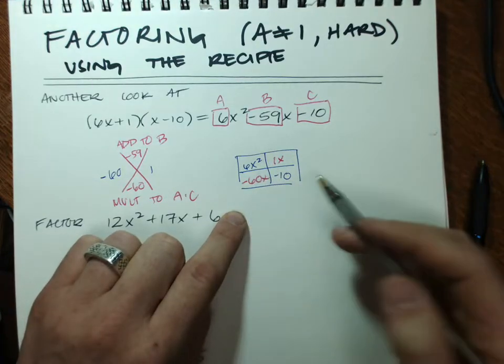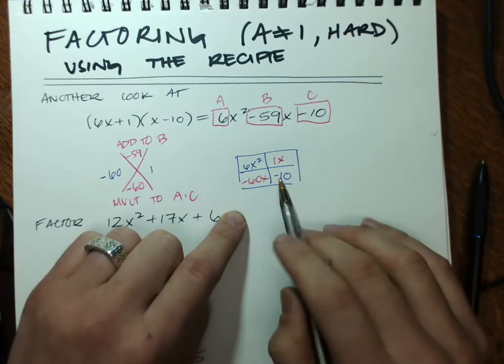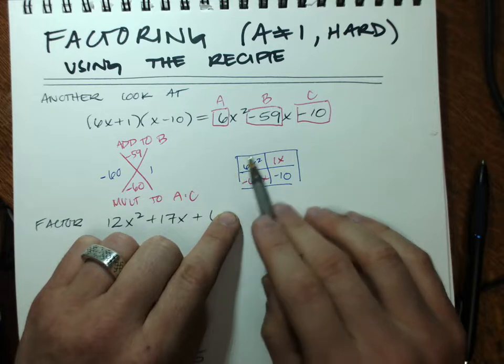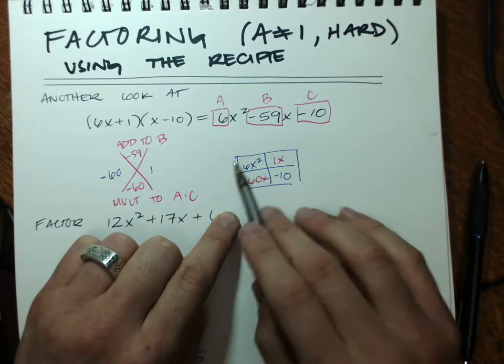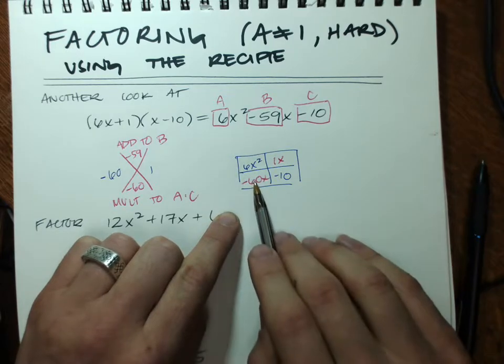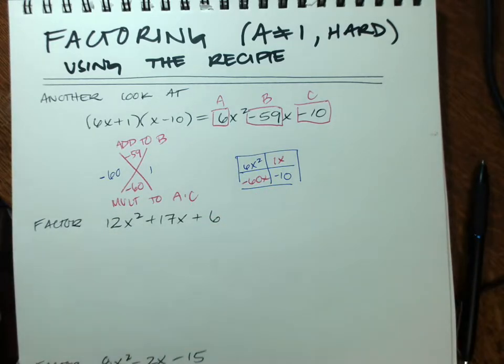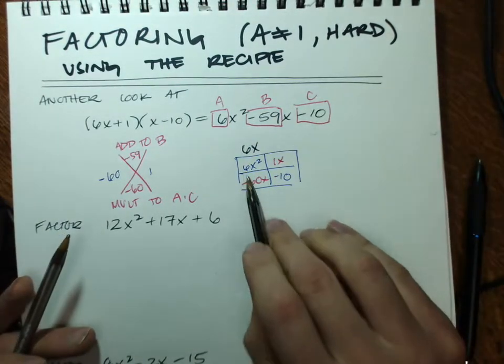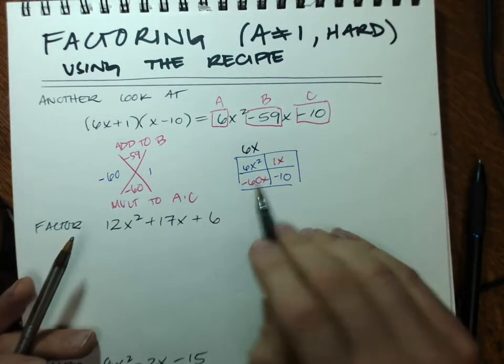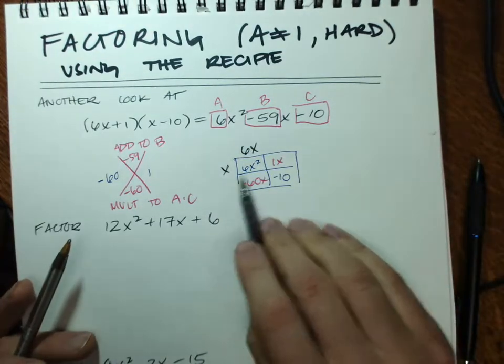From there, we still have to figure out the side lengths. Your options are 2 and 3x or 6 and 1. Looking at the negative 60 in the problem, it's most likely to be 6x because I can see there's a common factor of 6 to both of these, and x.